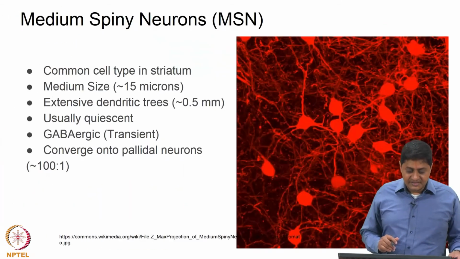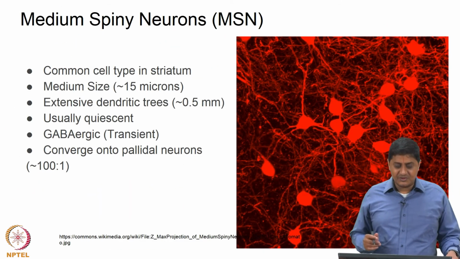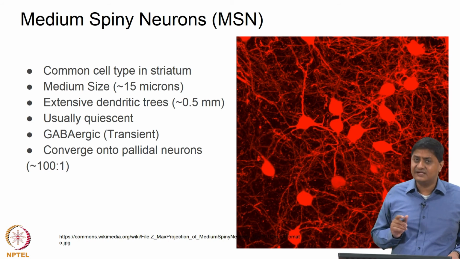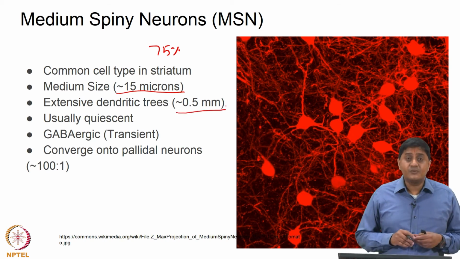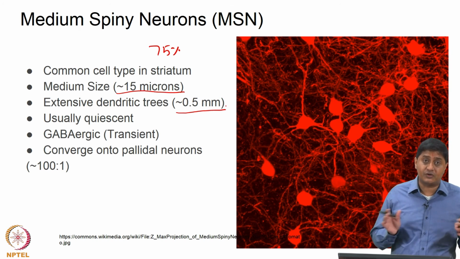Okay. Now let us discuss medium spiny neurons. Medium spiny neurons are the most common cell type in the striatum. About 75% of the striatal neurons are medium spiny neurons. They are called medium spiny neurons because their size is medium, about 15 microns, and they are usually identified by their extensive unique dendritic trees of the order of 0.5 mm, 500 microns.